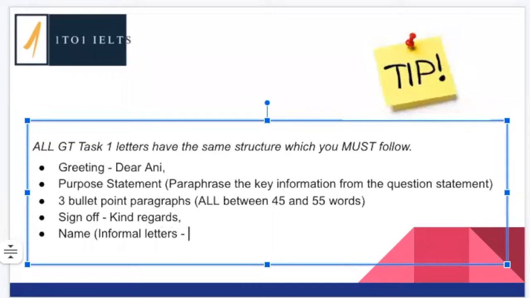So informal letters, how do we sign off? Yeah, David, basically a first name. So something like this. Pick an easy name. Obviously, you can use your own name, but if you want to be using an English name, just pick a really simple name.